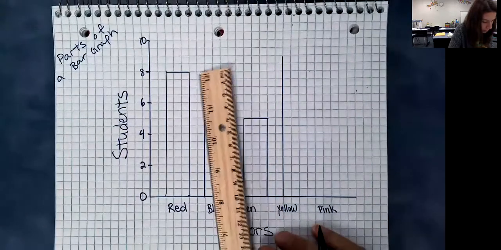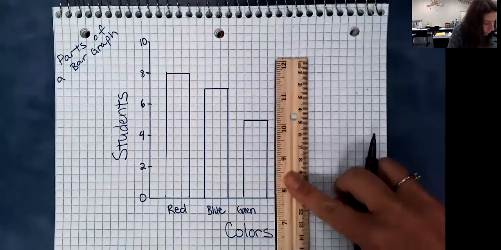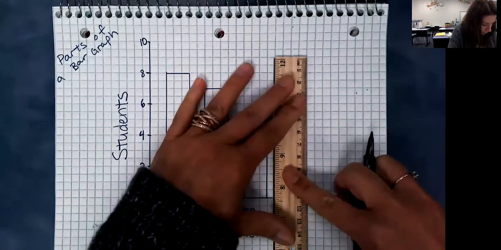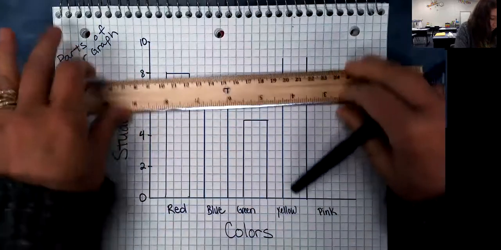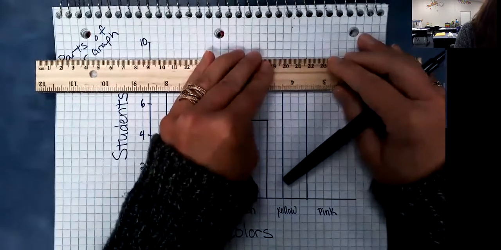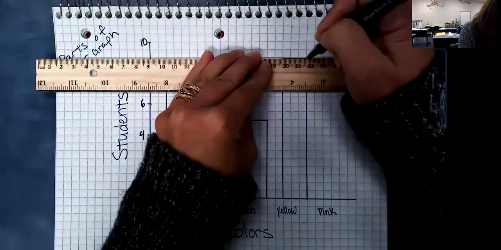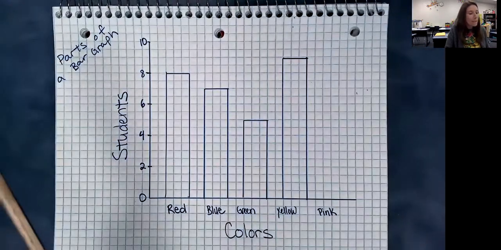Okay, yellow. Okay, see, it takes a little while to be nice and neat and organized, you guys, to be above and beyond.